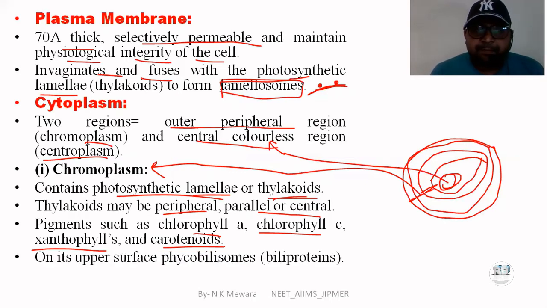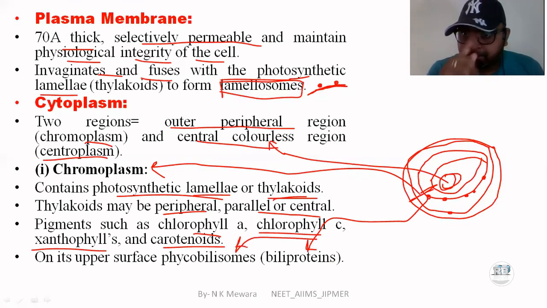Next, on the upper surface of the lamellae there is a rounded granular part called the phycobilisomes. Clear?